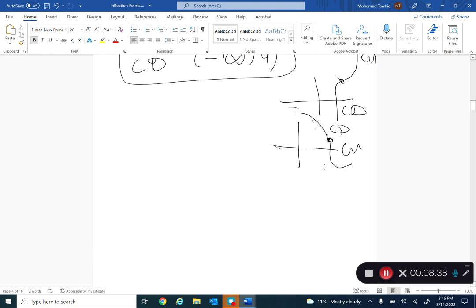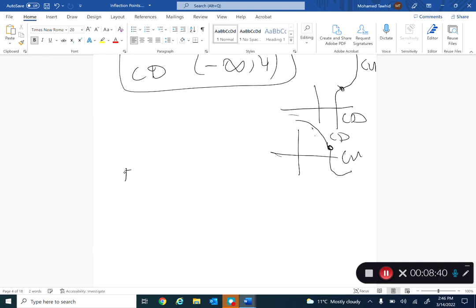Okay, guys, let me give you another example. Here you have f of x equals ln x over x. I need to find the inflection point, and also find the intervals where the graph is concave up and concave down.